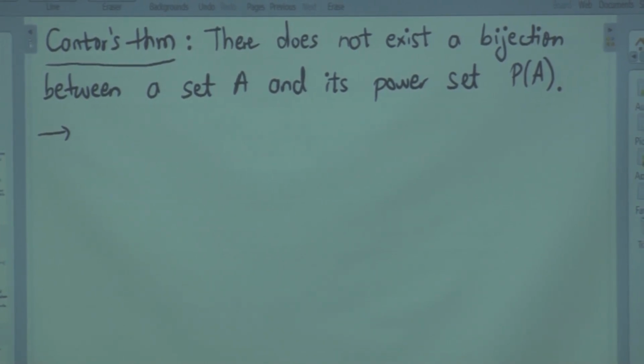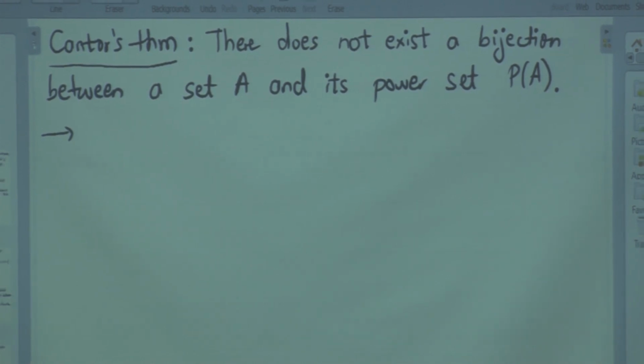I am not giving it a name. I can give it a name if you want. The name would be appropriately just singleton map. Right, so we definitely know there exists an injection from A to power set of A, but we want to know whether there exists an injection which is also a bijection, and Cantor claimed that there is none.